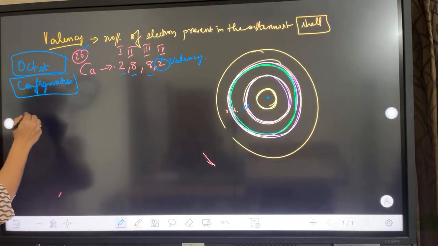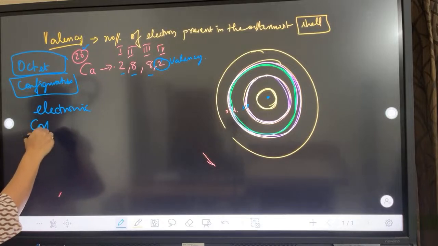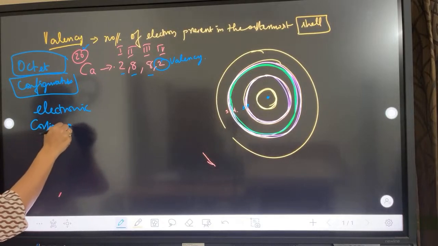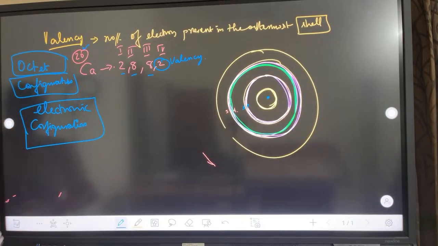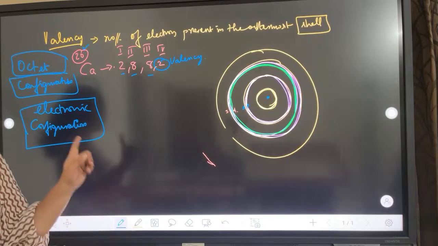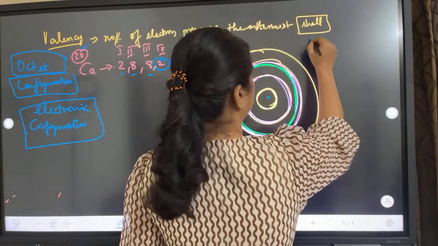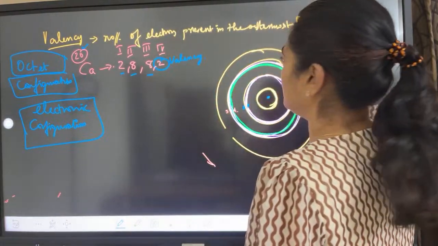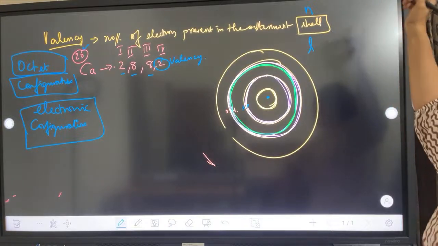I will explain it with the electronic configuration. Electronic configuration is different, and it is very particular about calcium's valence. What is the electronic configuration? I have told you about the S level, L level. K level, L level, M shell, N shell.